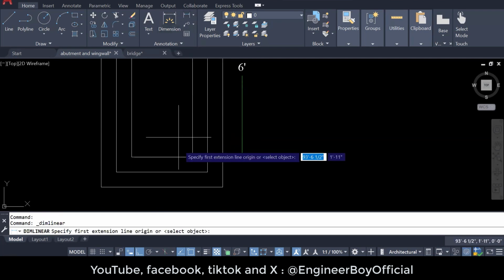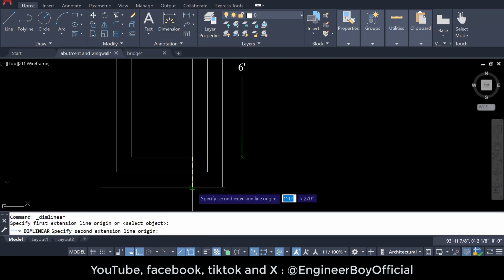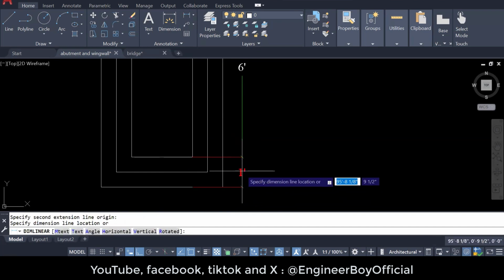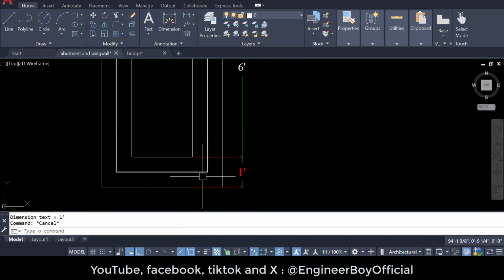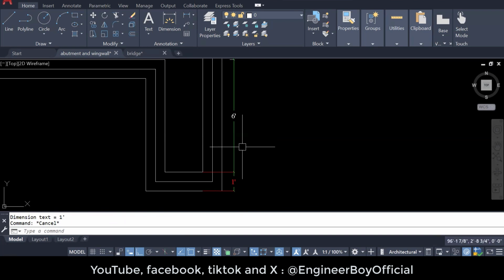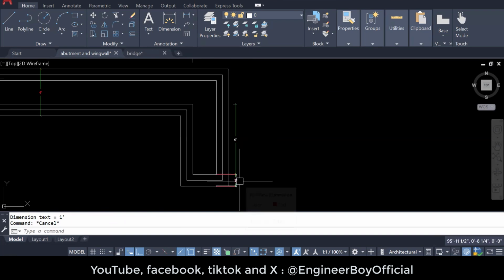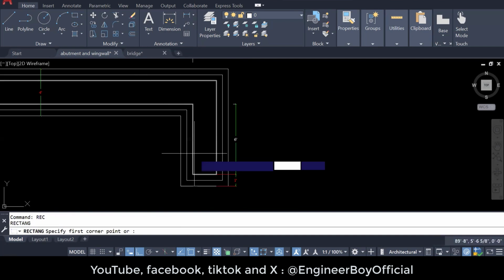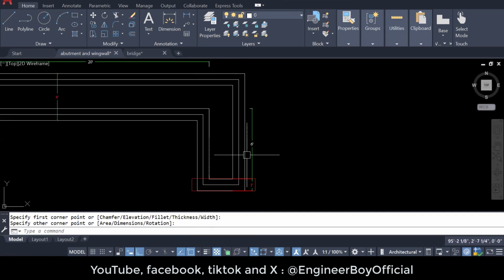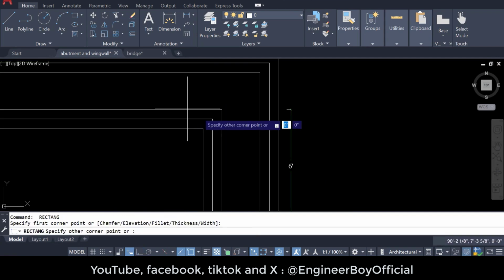Why are we not actually adding this portion, which is, you can say, 1 foot, because one step is 6 inches and another step is 6 inches? Why are we not taking 7 feet as the length of the wing wall? This is because I'm not taking this portion, as it is already taken over here with the abutment.